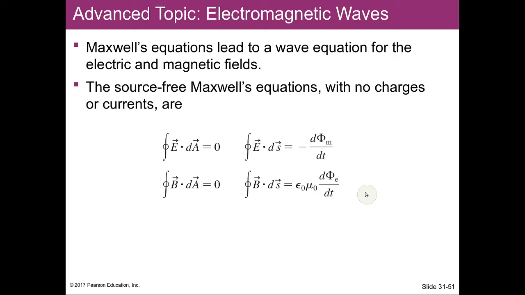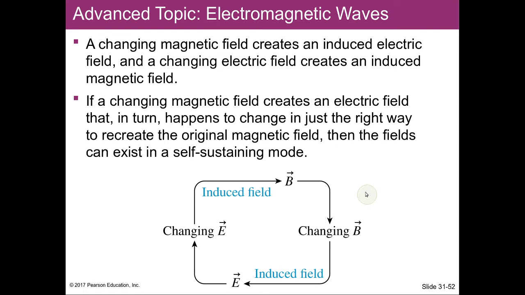Alright, so the idea now is that a changing magnetic field creates an induced electric field and vice versa. And so if a changing magnetic field creates an electric field that in turn happens to change in just the right way to recreate the original magnetic field, then the fields can exist in a self-sustaining mode, kind of shown in this cycle.